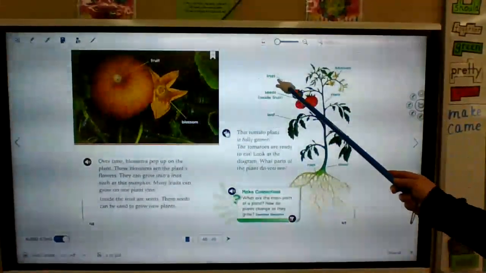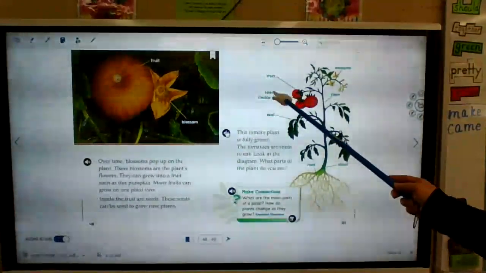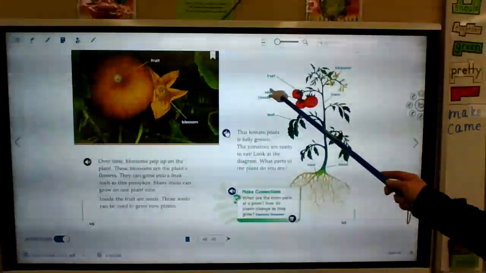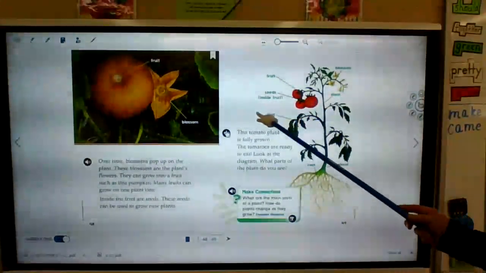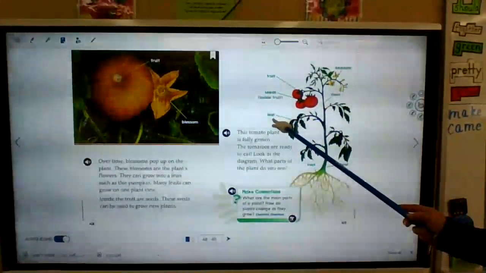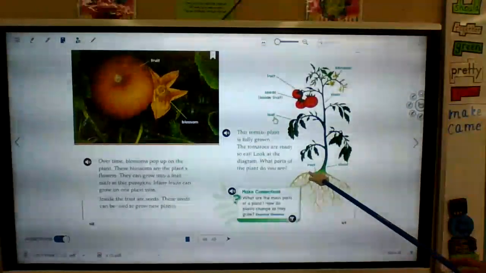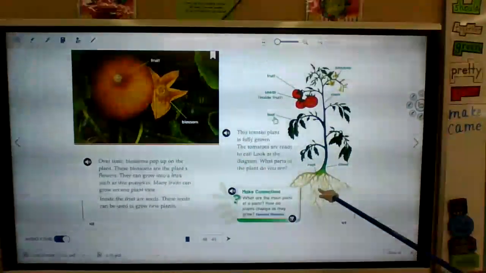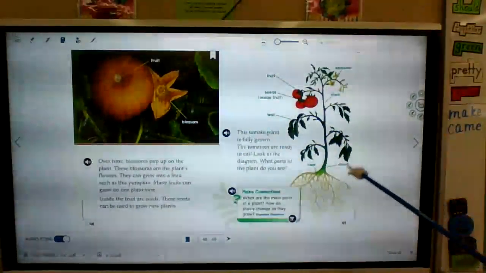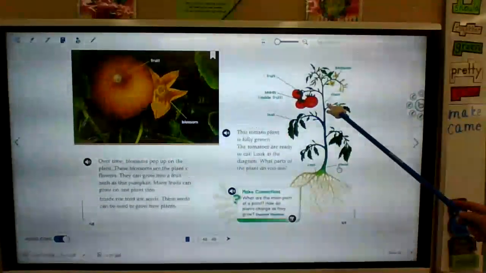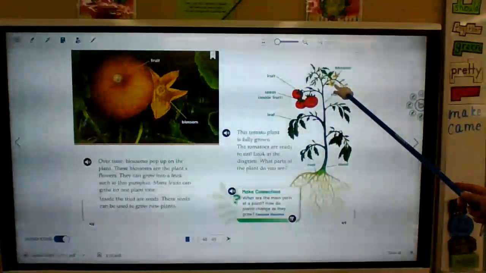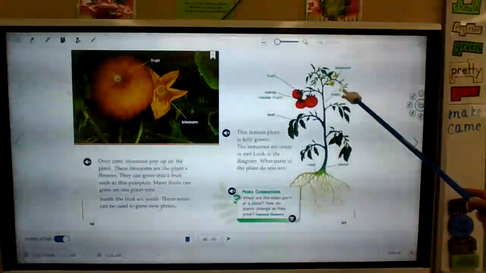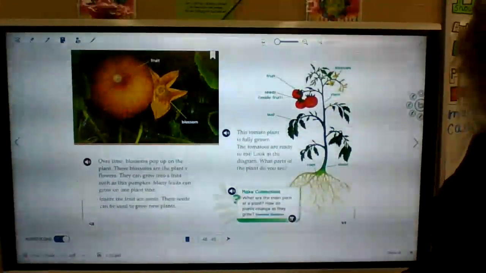So we have fruit, seeds, and then it says inside fruit because the seeds are inside. Leaf, root down here, shoot, and then the stem and the blossom. So those will turn into tomatoes when they're ready.